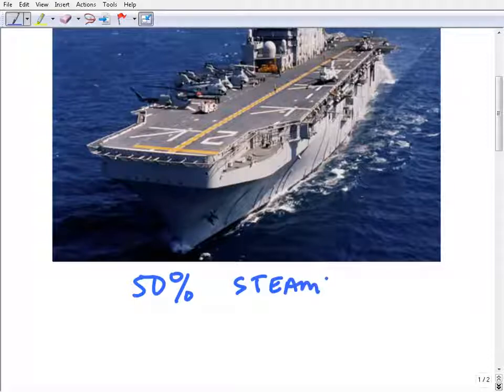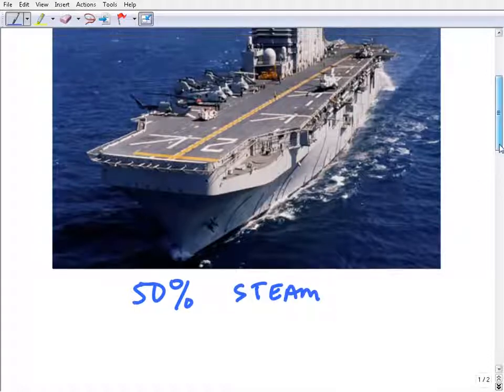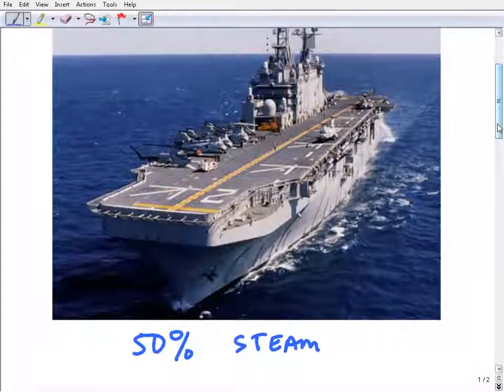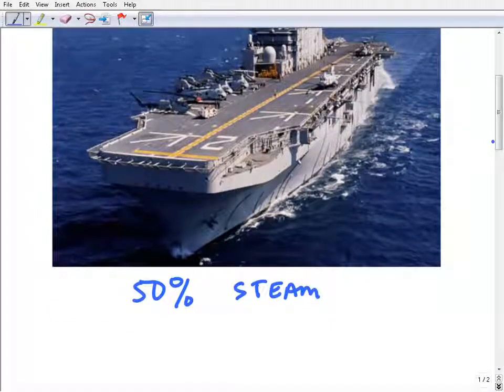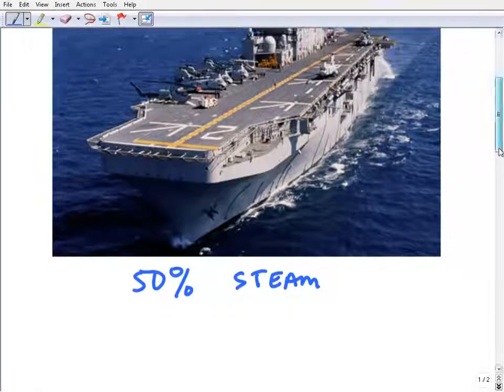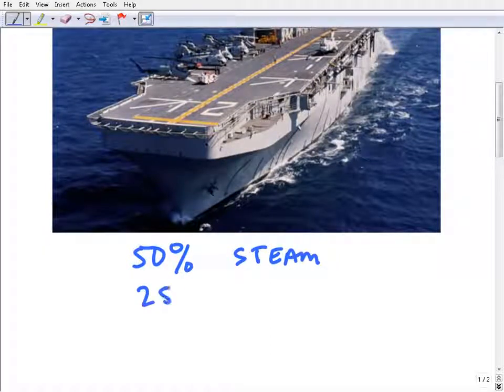That leads us to the next question. If they're not run off a steam plant, how else do ships go through the water? I'm just making these numbers up, but I'd say maybe half the vessels are operating on steam.